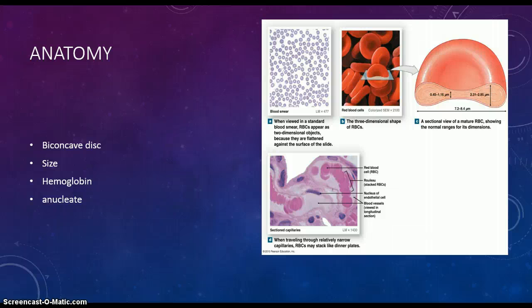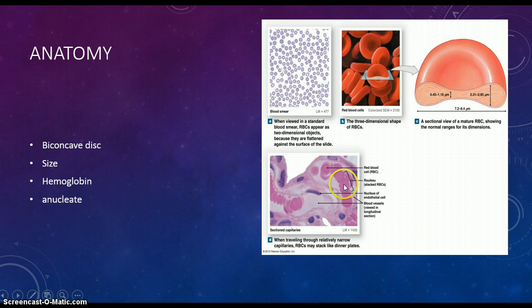Now, what does the biconcave disc do for a red blood cell? Well, one thing is that it provides a very large surface area so that oxygen and carbon dioxide can very easily and rapidly move through the cell membrane to bond with hemoglobin within. It enables the red blood cells to stack in a capillary or maybe just a slightly larger vessel.